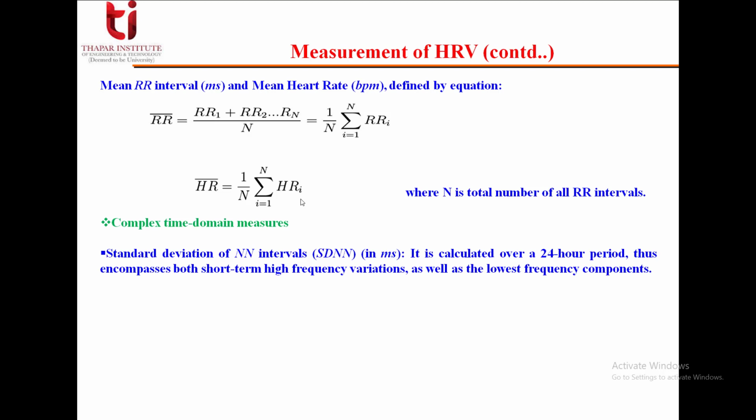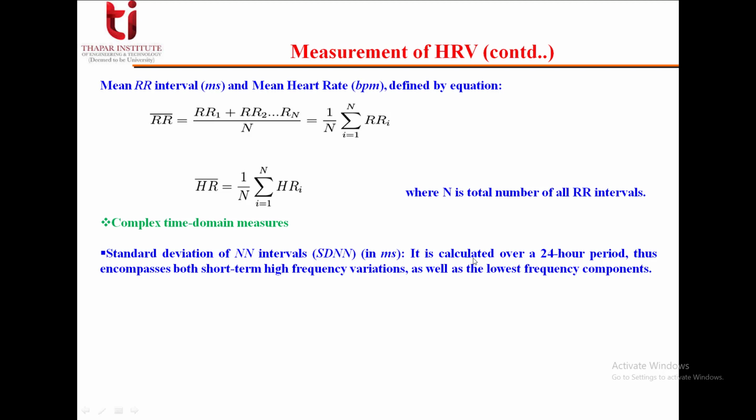Now we have some complex time domain measures. In this we have a number of parameters, so we'll see them one by one. The first parameter is the standard deviation of NN intervals, and generally we say it as SDNN. This is measured in millisecond.